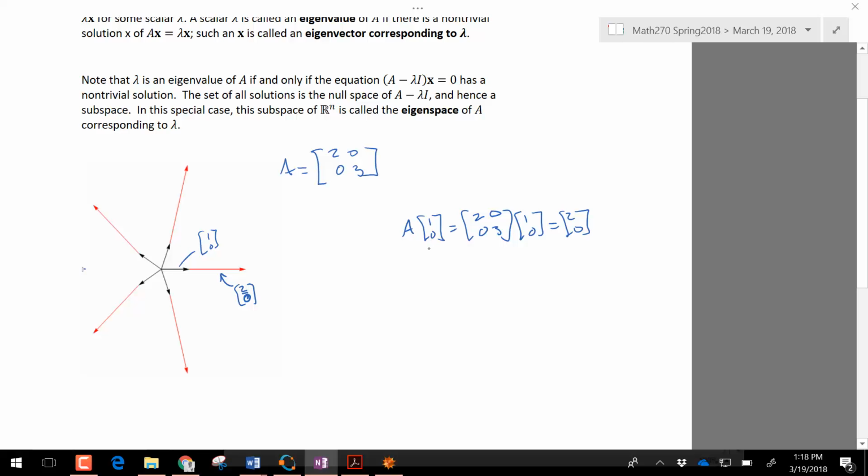In this particular case, we see something interesting: A of (1, 0) is equal to (2, 0), and that happens to be equal to 2 times (1, 0). So in this case, we have an eigenvector, and a corresponding eigenvalue.